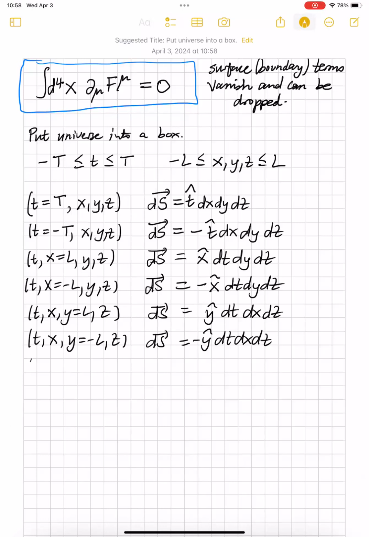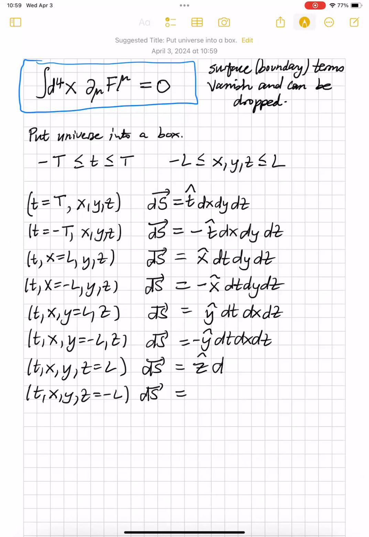And then finally, we've got a side at z is equal to L and another side at z is equal to minus L. And let's just write down the ds's. This will be a z hat dt, dx, dy, and a minus z hat dt, dx, dy.